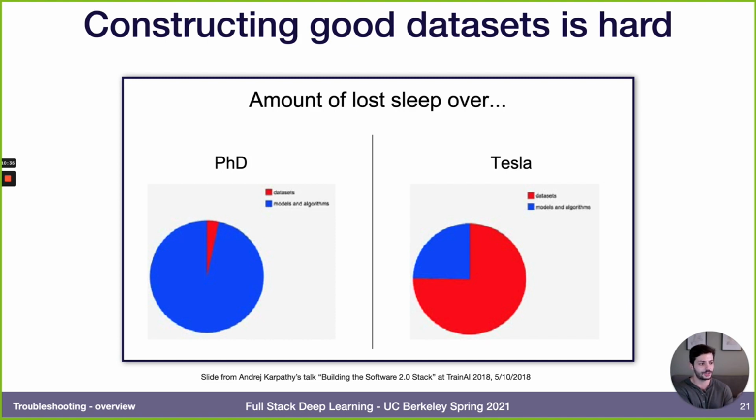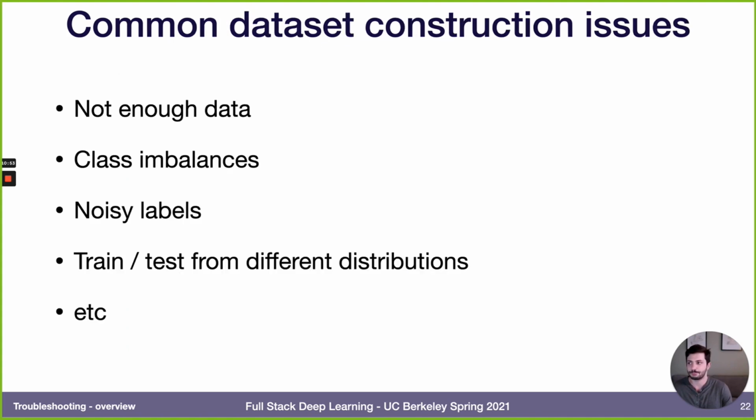But in industry, in the real world, it's actually flipped. Most of your time is spent thinking about data sets, and models and algorithms are a small portion of that. And even this characterization that 25% of your time is spent on models and algorithms is probably much lower in places other than Tesla.